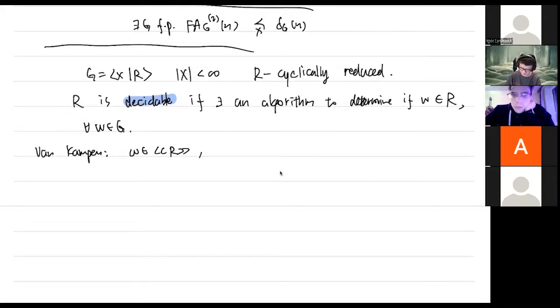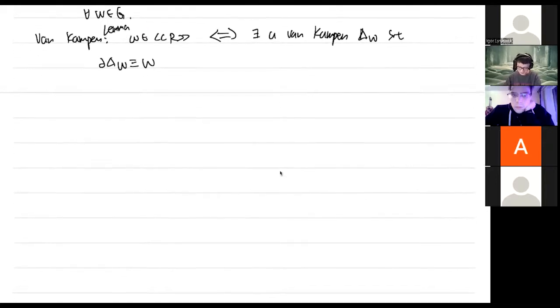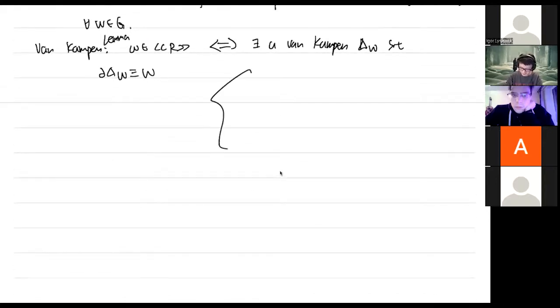And the Van Kampen lemma says if this word is inside this normal closure, then there exists a Van Kampen diagram delta W such that the boundary of this diagram is freely equal to W. So the Van Kampen diagram basically looks like this.